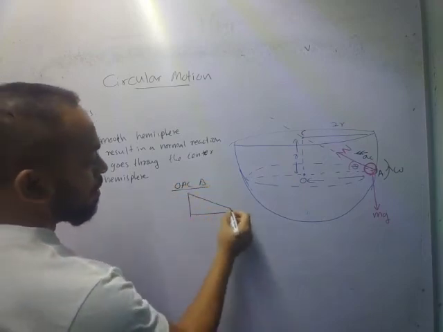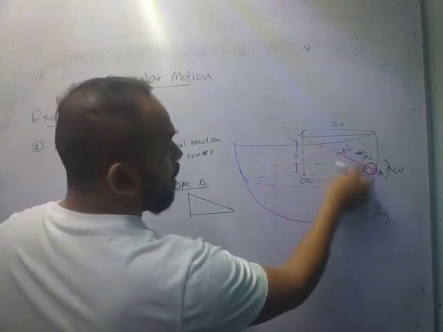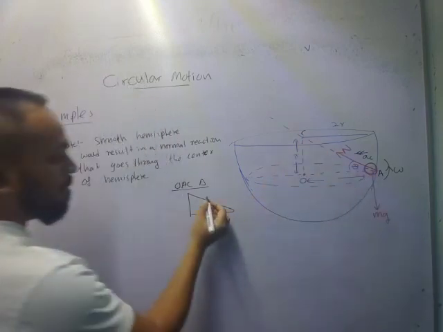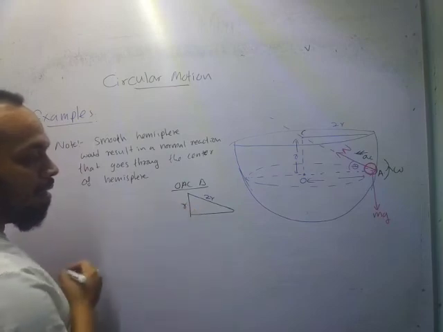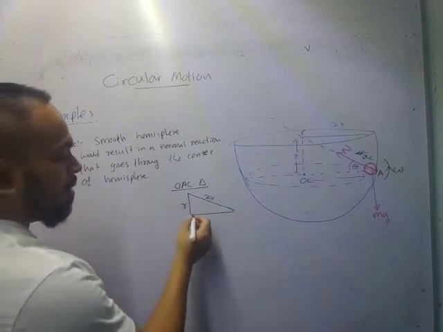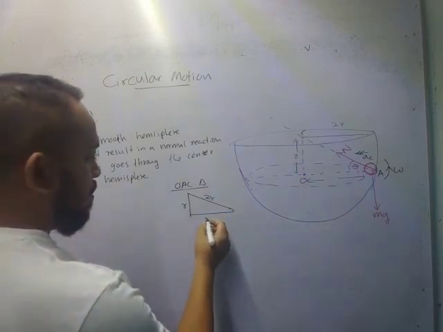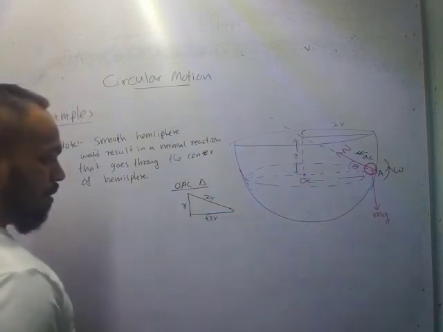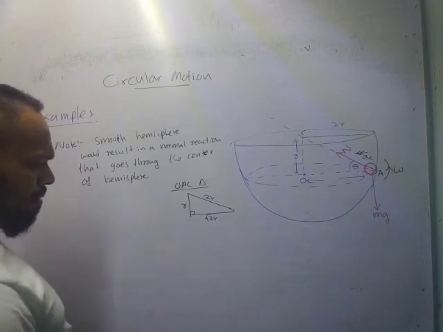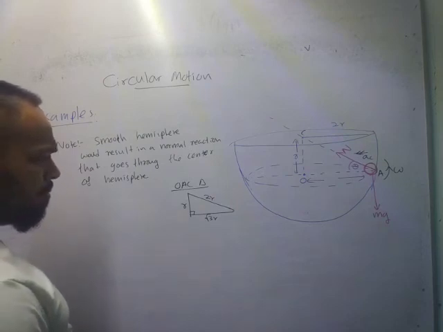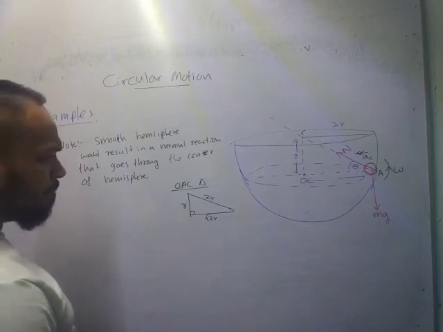So this length would be 2r, and this is r. So what should this other length be? This should be root 3 r. This is a right-angled triangle.